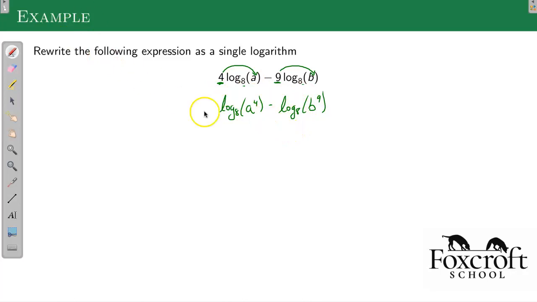Now we just have this single log here, this single log here, with a subtraction sign. And our rule says that this again smushes together into one single log, and what's on the inside, we take the first one and divide it by the second one. So that's the process: put those numbers in first, and then you can do the combination after that.